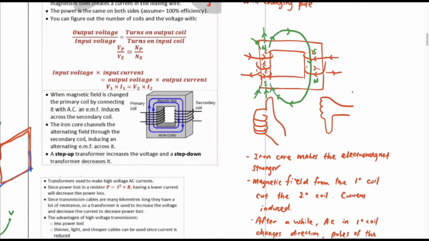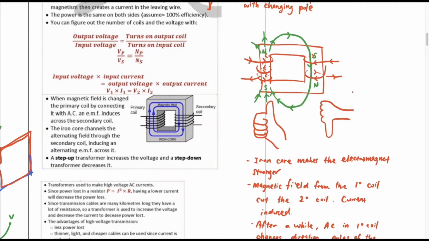Yes, sir. Because there is a magnet there, is that why there is magnetic field? You mean there is a magnet here? Yeah. We have to know that this is called an electromagnet. The electromagnet is there because there is current, not because we are using a magnet.